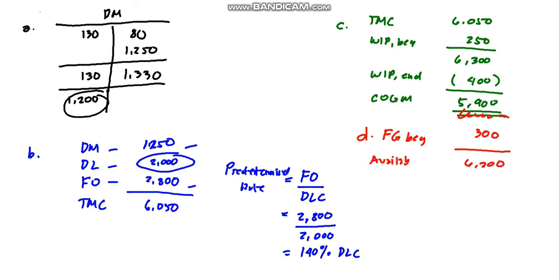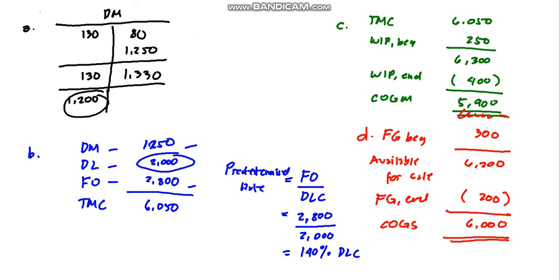Actually, if you just know the entire formula until the cost of goods sold, or you know how to make the statement of cost of goods sold, then you're good. So we deduct the FG end, our finished goods ending of 200. Therefore, the cost of goods sold, or COGS, is 6,000. So I hope you got this activity right.